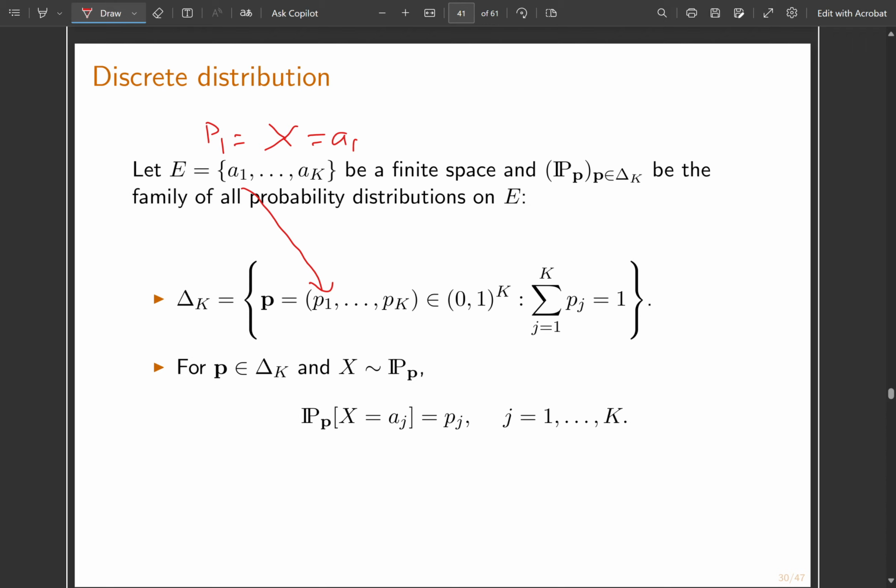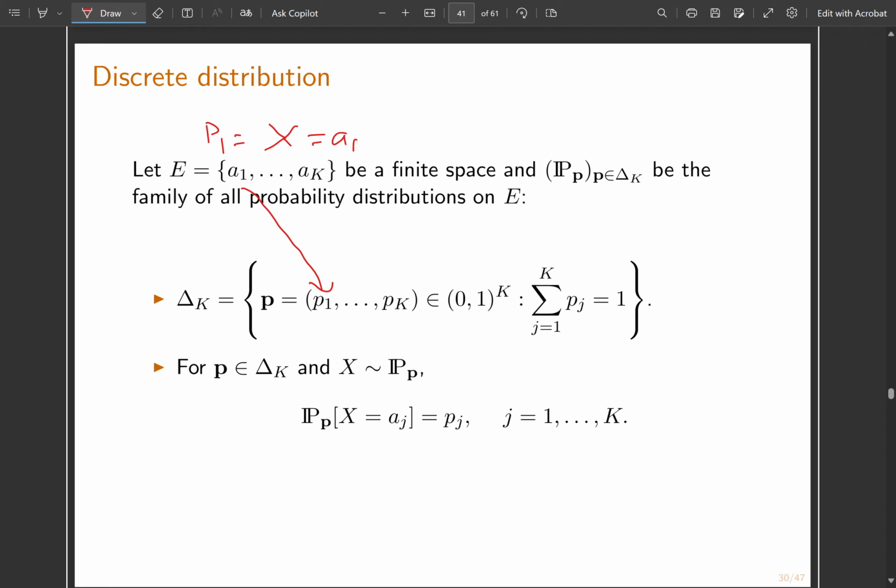Now, when we add all these probabilities, they should sum equal to 1, because that's what the law of probability says. All the probabilities should sum equal to 1 in sample space.